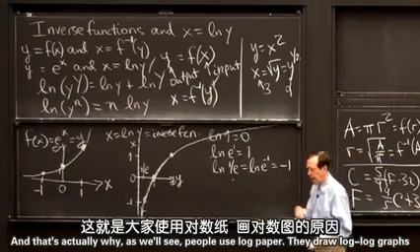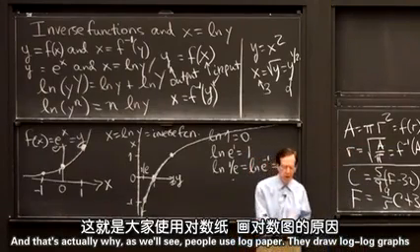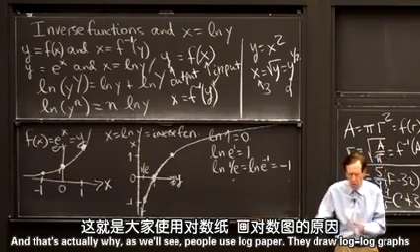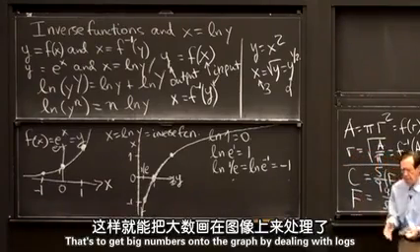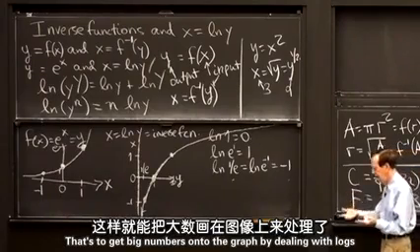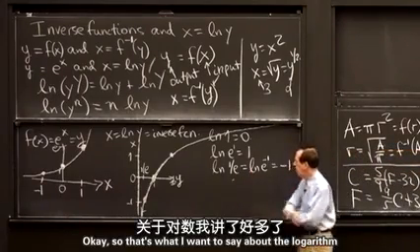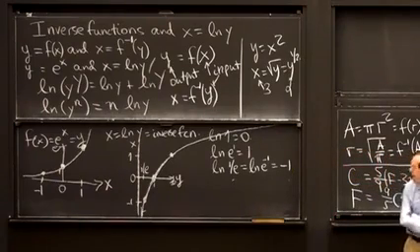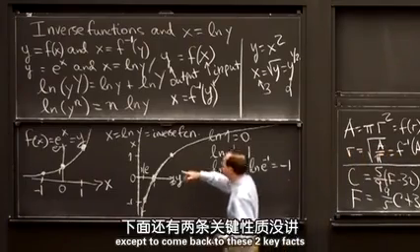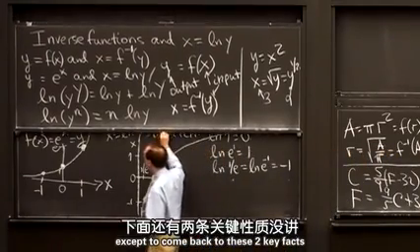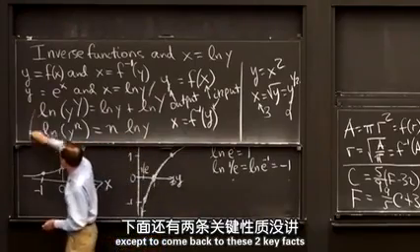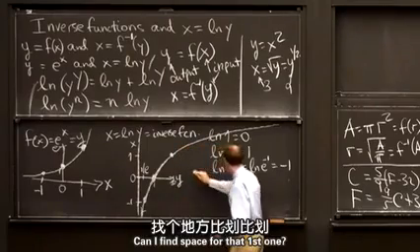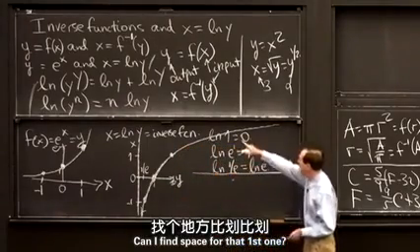And that's actually why, as we'll see, people use log paper. They draw log-log graphs. That's to get big numbers onto the graph by dealing with logs. Okay, so that's what I want to say about the logarithm, except to come back to the key, to these two key facts, especially the first one. Can I find space for that first one?